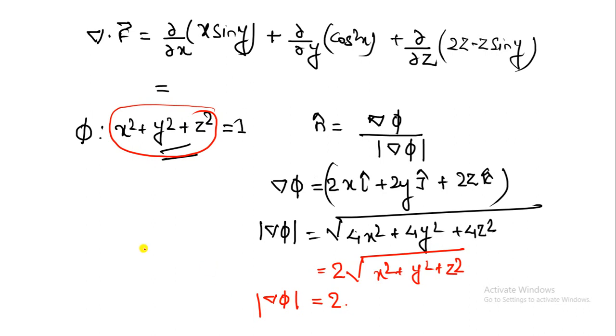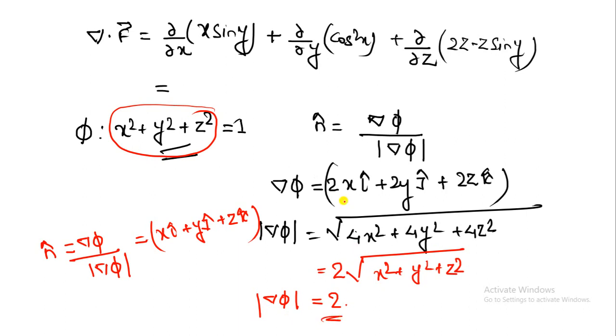Then what will be the value of unit vector n? It will be grad phi by mod of grad phi, equal to x unit vector i plus y unit vector j plus z unit vector k, as the magnitude is 2, so it gets divided by 2 and you can cancel out these two. This will be the value of unit vector n.